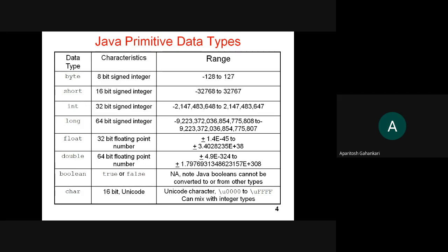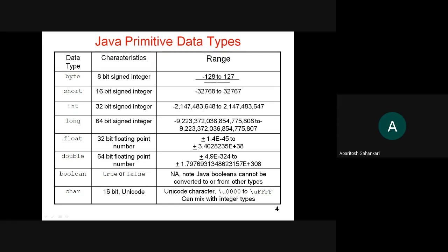As you can see, the data type byte is an 8-bit signed integer. So that is why it is minus 128 to 127. So if you need to store such a type of limited number, then you can easily use the byte data type, because it has a very small range.